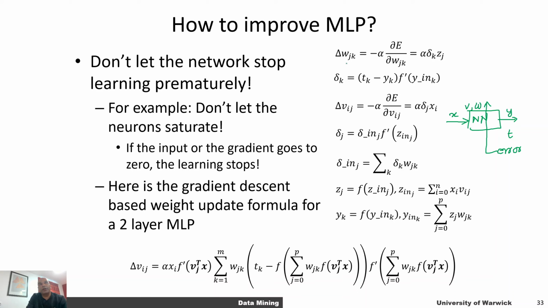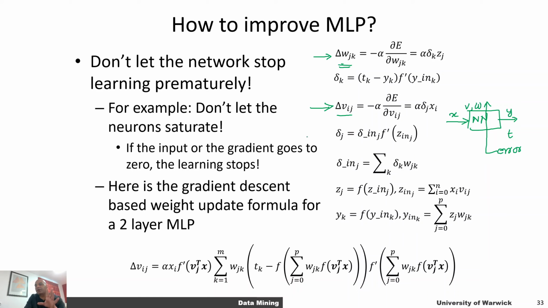And we had worked out these equations for how much change is needed in order to minimize this error using gradient descent. We had derived these equations for delta w, and we had computed the weight update equation for the weights of the links that connect the input features to the hidden layer neurons. So those are v's, and then we had these w's.